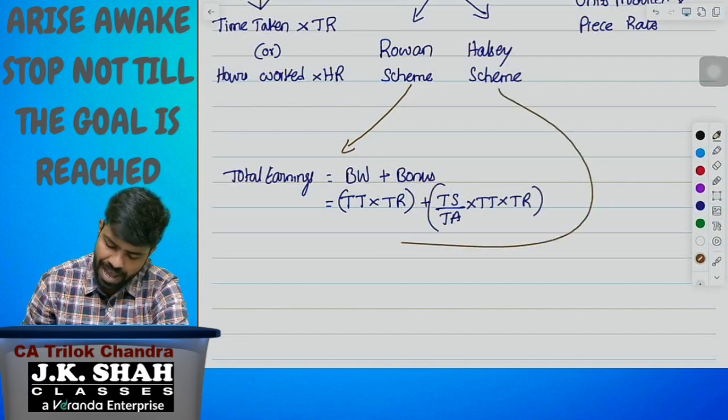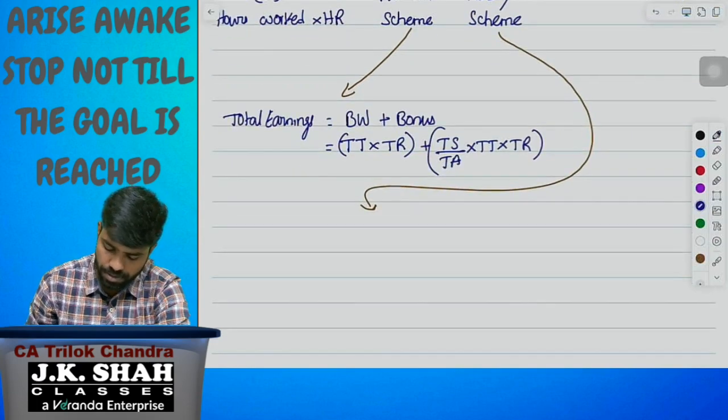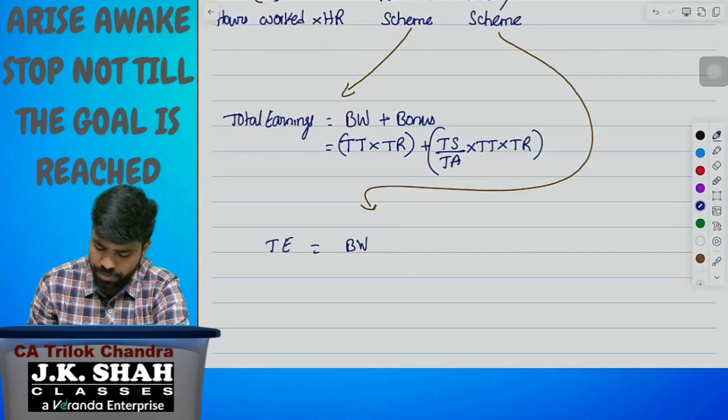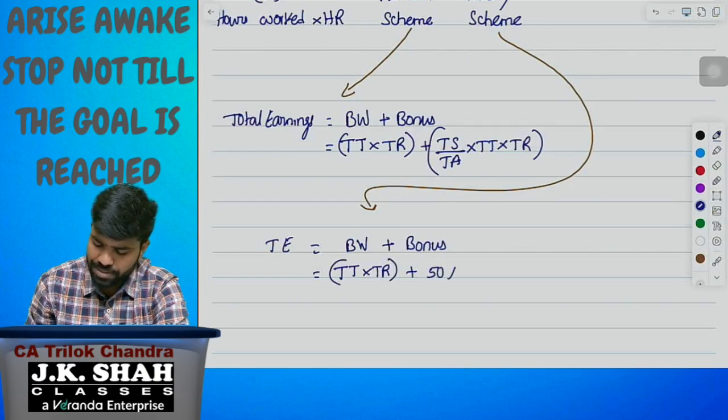When it comes to Halsey scheme, total earnings equal to basic wages plus bonus. Basic wages is time taken into time rate, plus bonus is 50% of time saved into time rate.